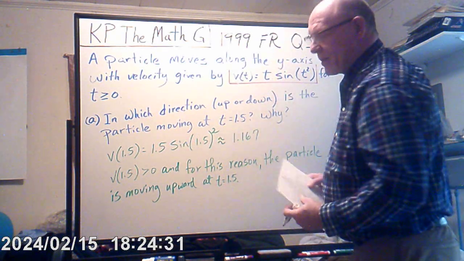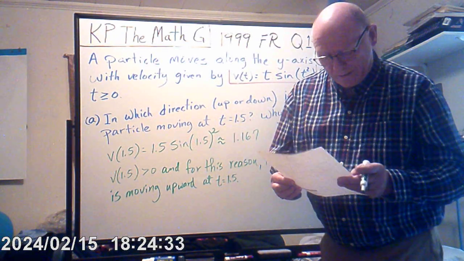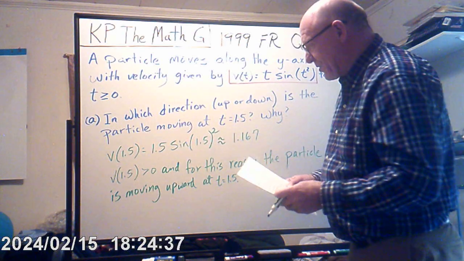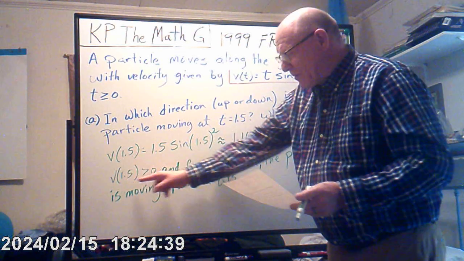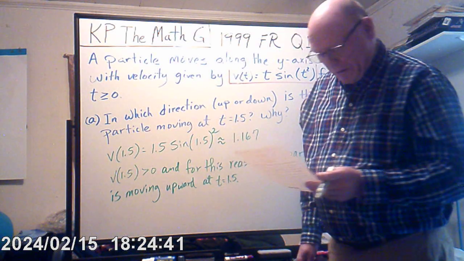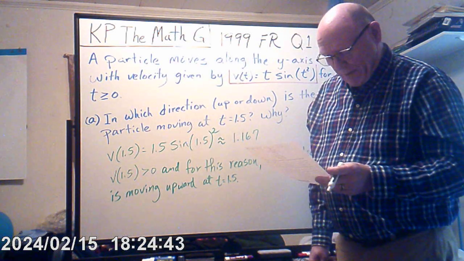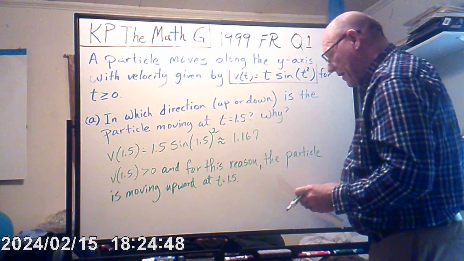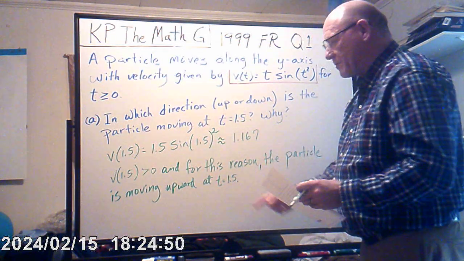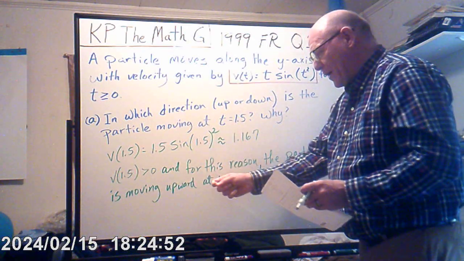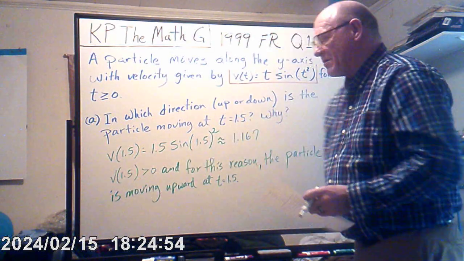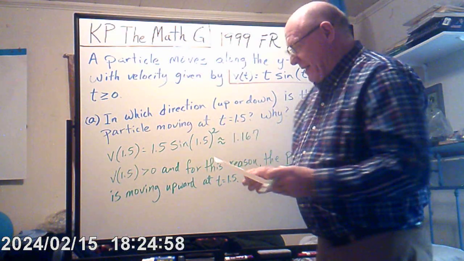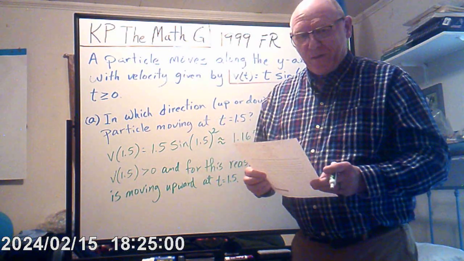That's probably as good as it can get right there. And we just say because v at 1.5 is greater than 0, the particle is moving upward at t equals 1.5. I don't even know if you need that because you already know v at 1.5. Okay, that is the first part right there.